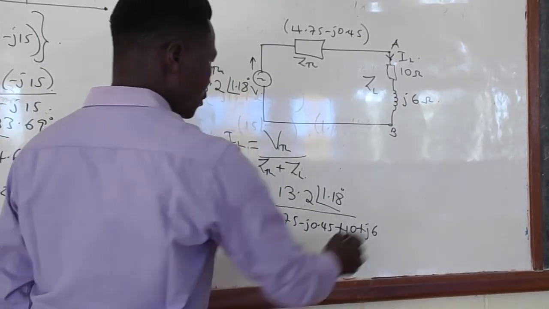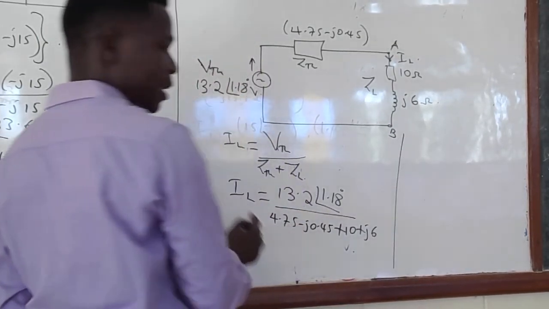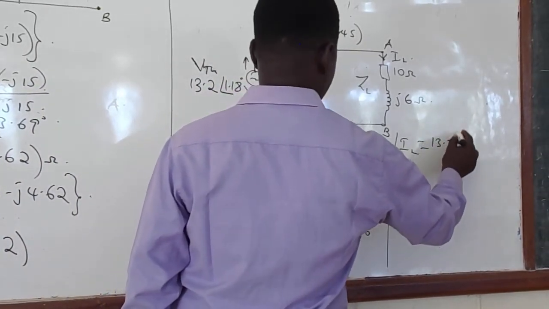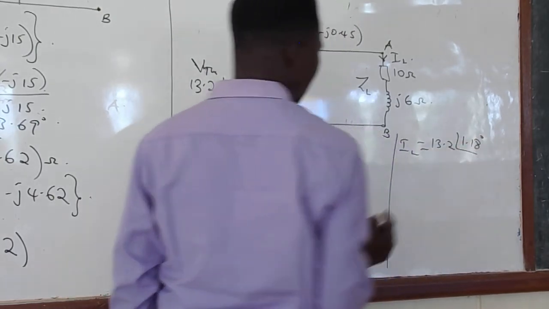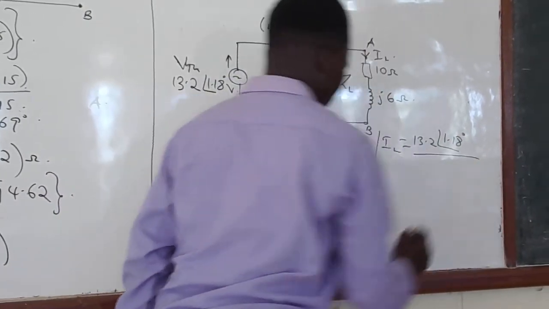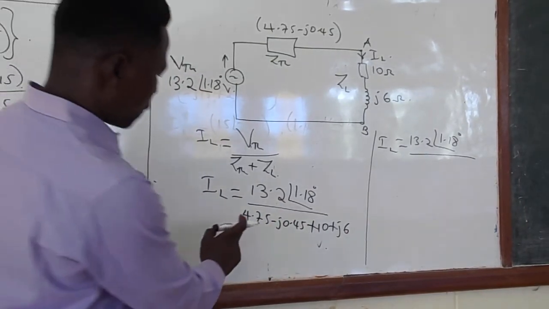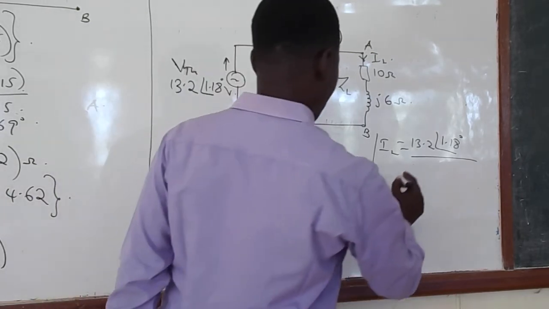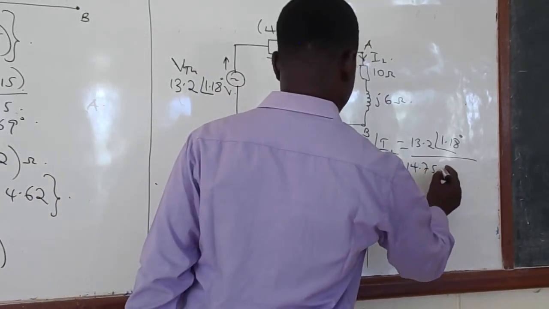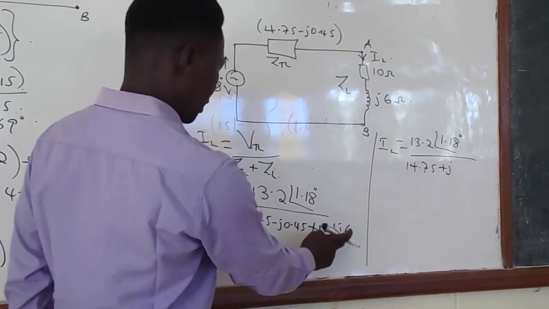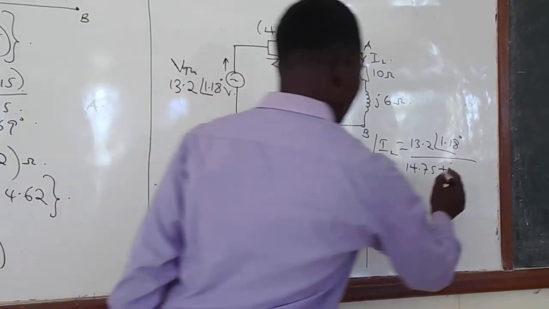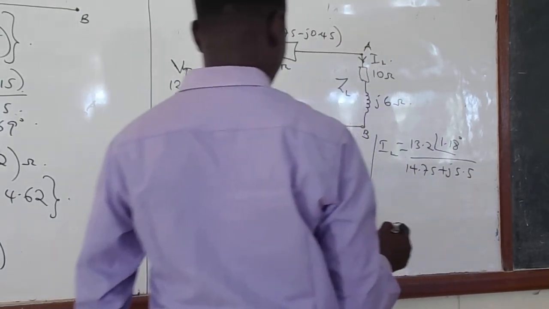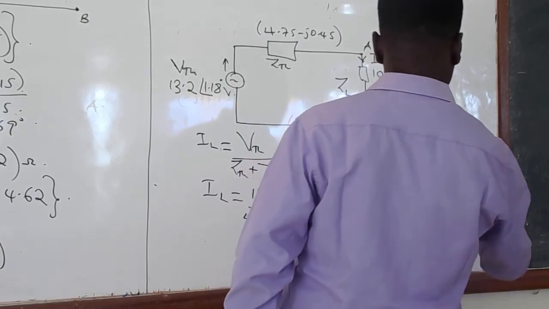So this is actually solved to give 13.2 at an angle of 1.18 degrees. We divide by 4.75 plus 10, that will give me 14.75, plus J6 minus 0.45, this will give me J5.55.